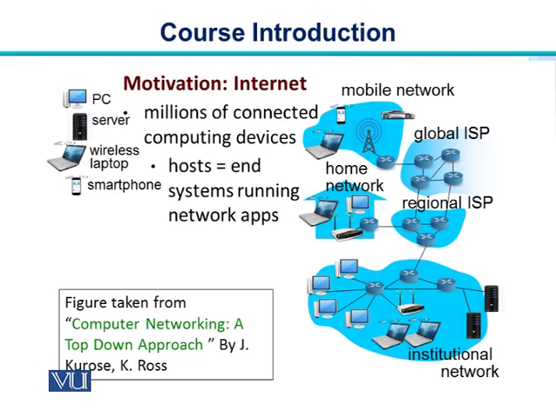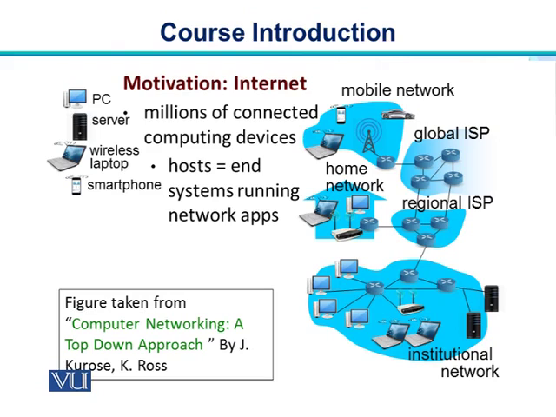If we look at this diagram, we have shown some institutional network, a regional ISP, and the network that we deploy at home. We also have shown a mobile network in this diagram. This picture has been taken from Computer Networking: A Top-Down Approach. This is one of our reference books, right? In this diagram, the PCs, the servers, the wireless laptops, and the smartphones are the icons with which we show the different desktops.